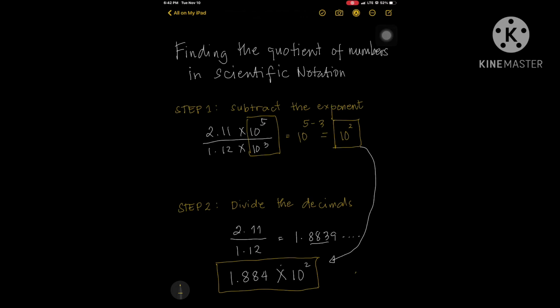Okay? Now, let us have another example, using the steps that we used. Step 1, if I have, let's say, 2.33 times 10 to the 6th power divided by 4.11 times 10 to the second power.